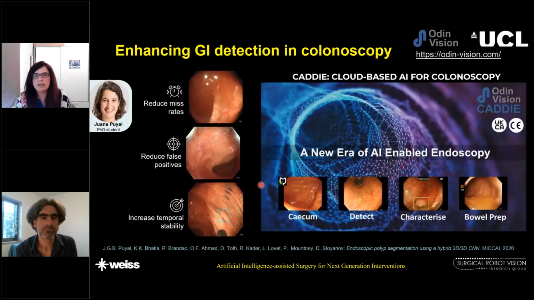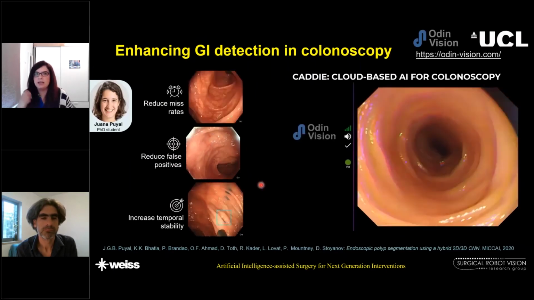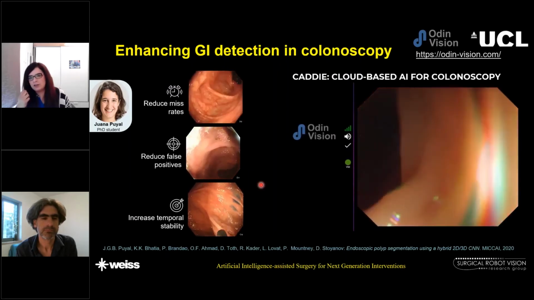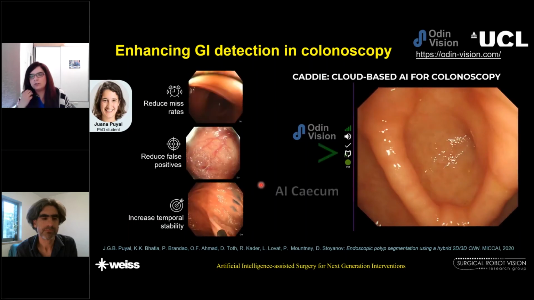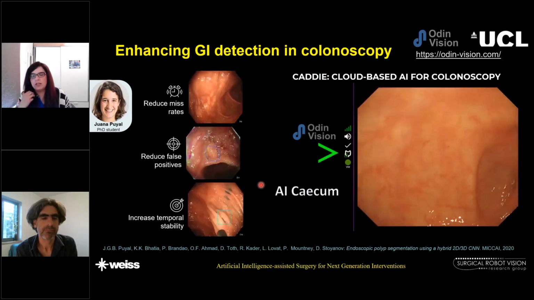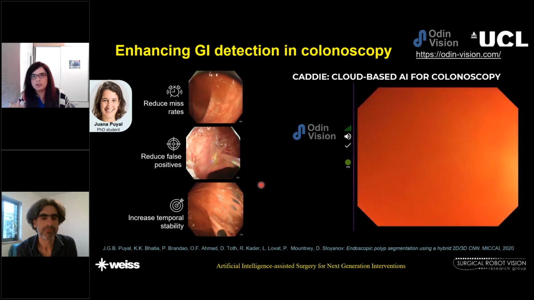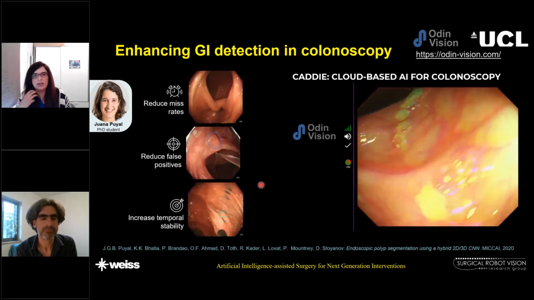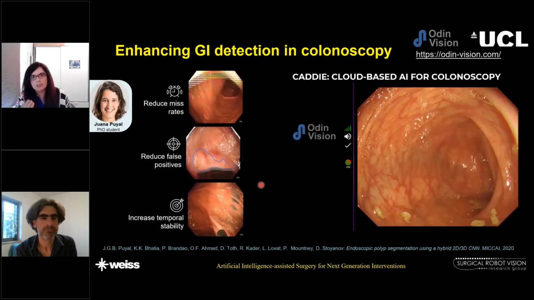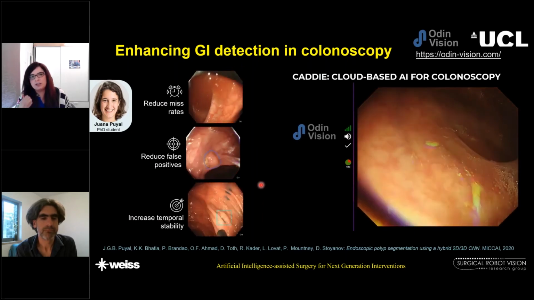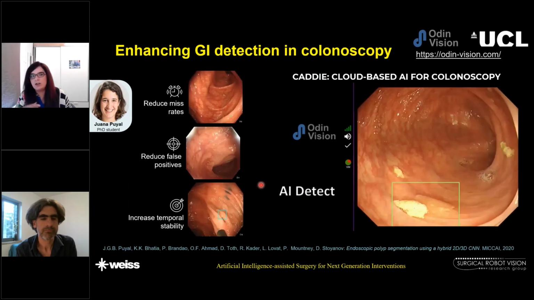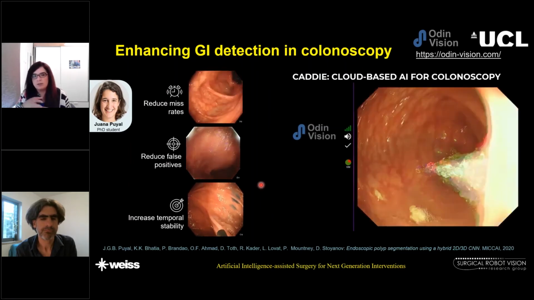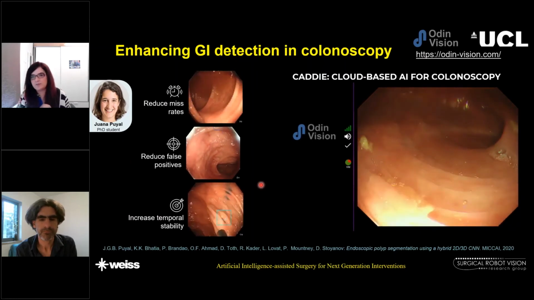Another area that we are looking at in WISE is GI detection in colonoscopy. In particular, my colleague Juana, and also one of our spin-out companies, Odeon Vision, is involved in this research, where Juana is designing spatiotemporal algorithms for detecting polyps, such that they reduce miss rates and false positives, and also increase temporal stability for the detection.